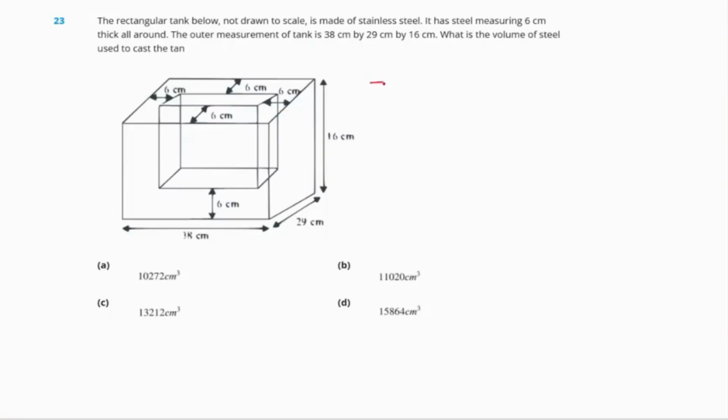Here you have to find out the volume of the steel used to cast the tank. So the volume is given by the volume of the outer part minus the volume of the inner part. The thickness of 6 centimeter is there on all the sides.